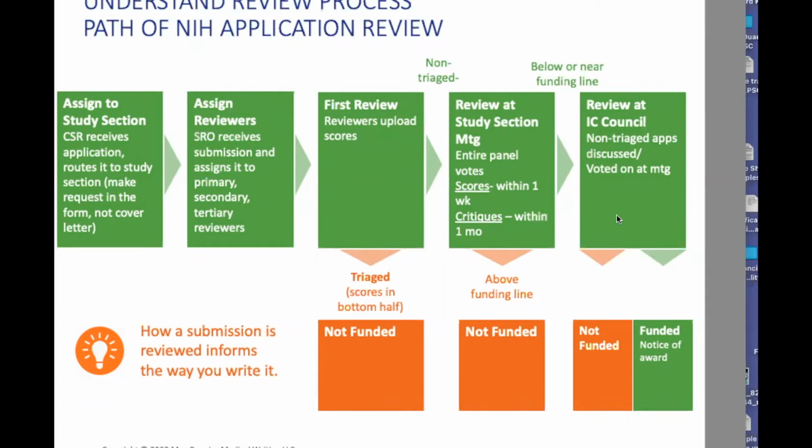The ones that are near the funding line, and there are usually a lot of them that cluster there, the council members will hand pick which ones they want to fund, usually based on how closely aligned it is with the funding priorities of the institute at that time. So the funding decision is made and it's either not funded or there's a notice of award.